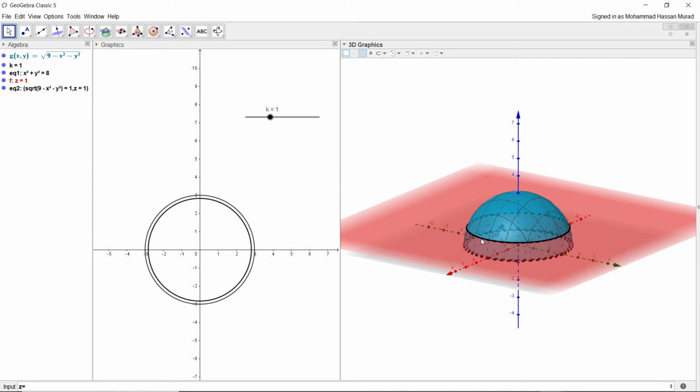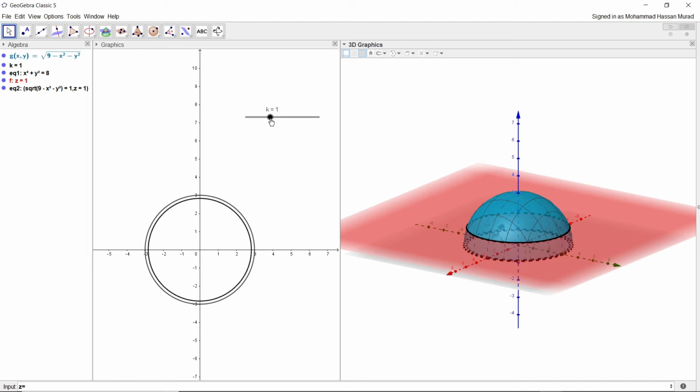So along every point on this curve, the z value is equal to 1. If we project this circle onto the xy plane, we get the circle inside the bigger one, and we can also see the circle here, the inner one.